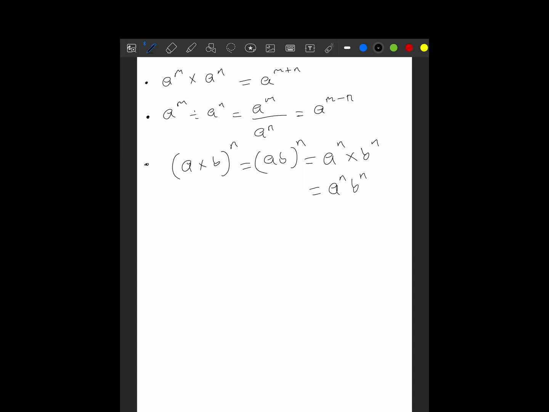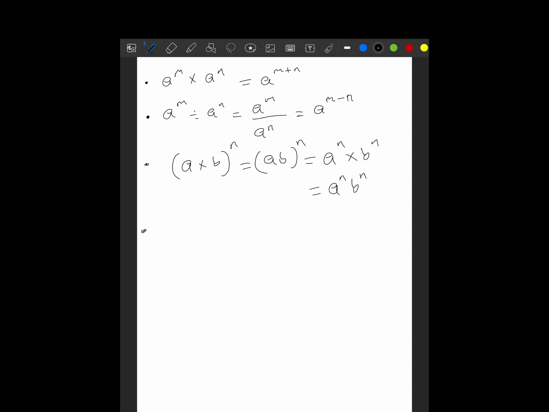In mathematics, the multiplication sign can also be silent. You have an option to put it, you also have an option not to put it. The notation is acceptable. So a times b power n is going to be a power n times b power n.